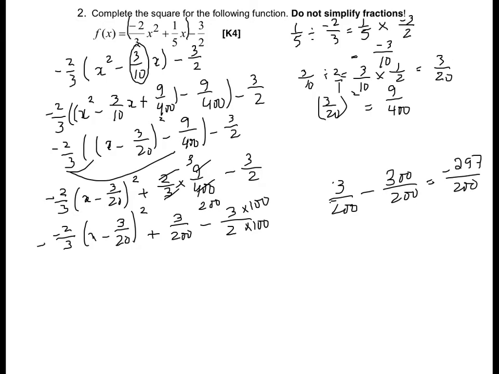So the final answer becomes negative 2 over 3 times x minus 3 over 20 squared, minus 297 over 200. That's the final answer. Now, if you look at this one, you can easily say that the vertex of this quadratic is 3 over 20 and negative 297 over 200.